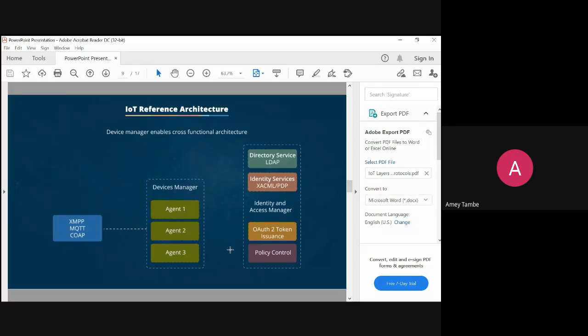IAM has so much to tell, and the device manager too. Even a particular protocol like XMPP, MQTT, or CoAP would take a lot of time. Two or three days would not be sufficient to discuss everything, because a lot of designated work has happened, and the outcome is what we are seeing on a broader scope.